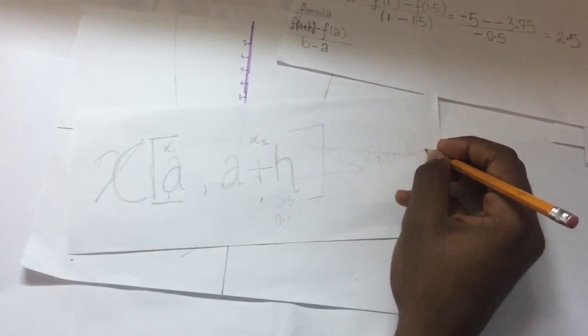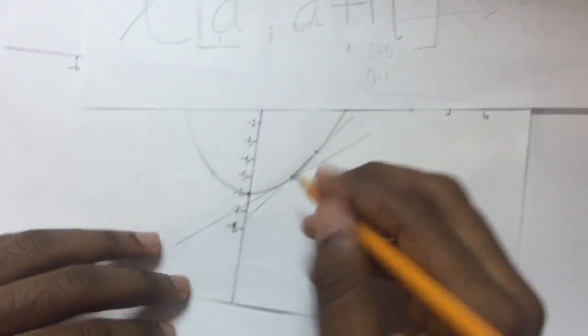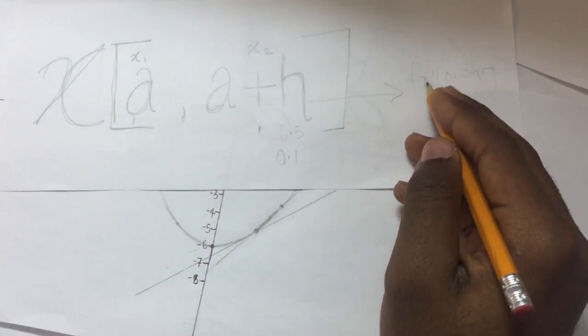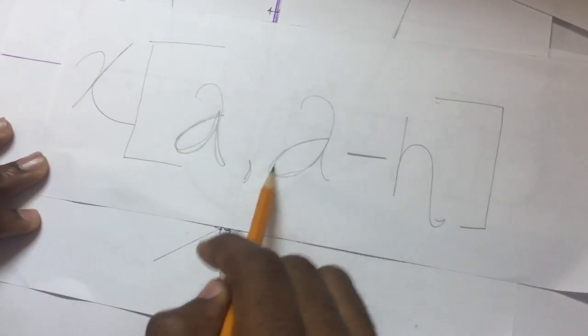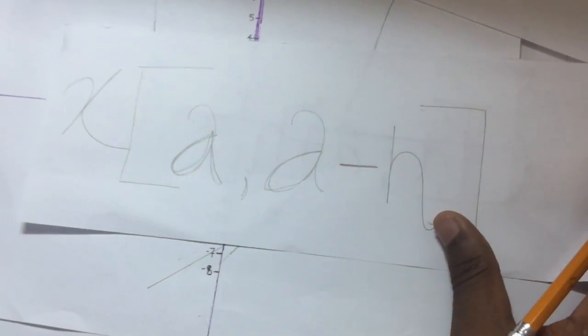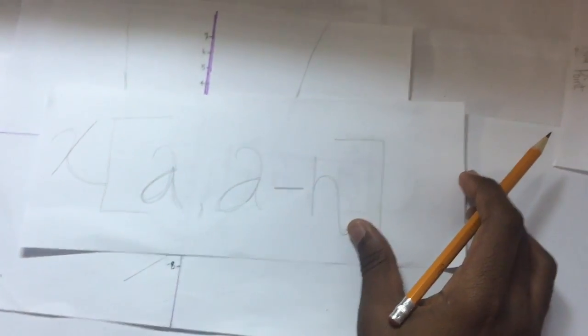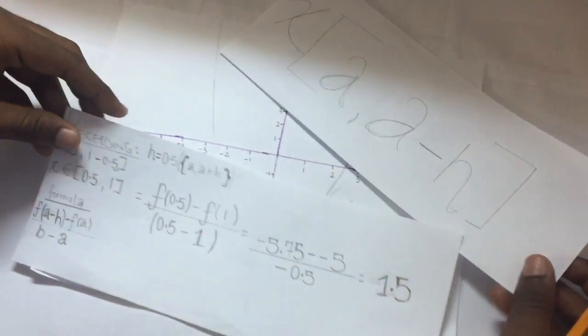And if we want to get the slope of this tangent, we would also need the preceding. So for us to get the preceding, we have to use this interval, which is a minus, exactly the reverse. And so this is the formula for the preceding.